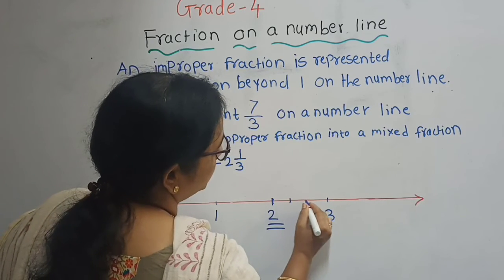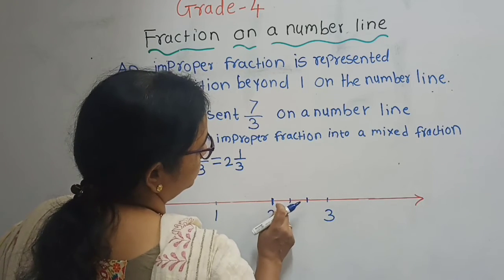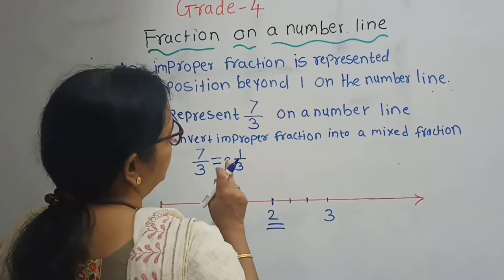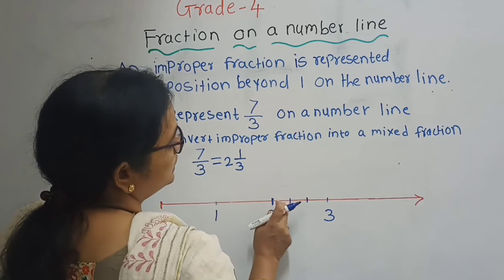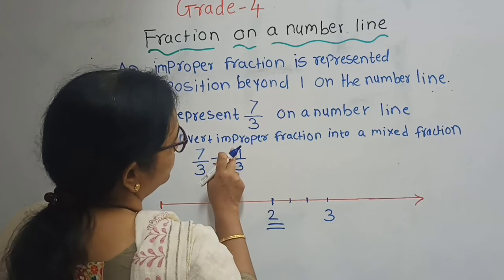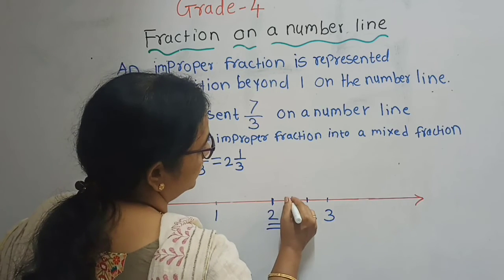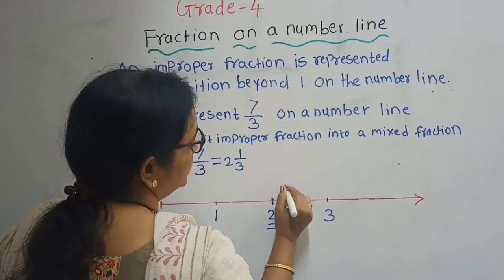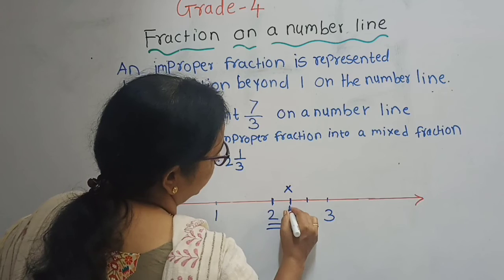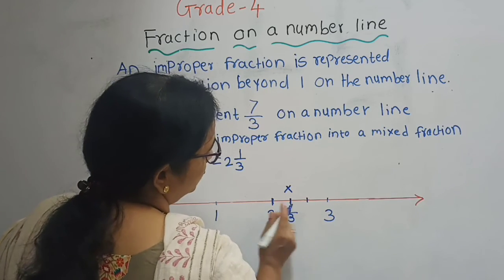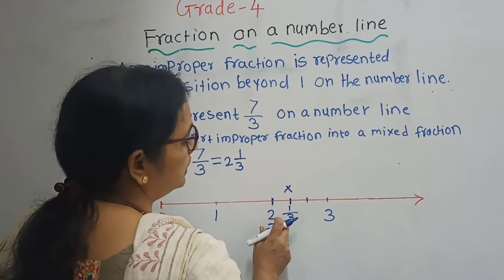So 1, 2 and 3. Now after 2, these are 3 parts. The numerator is 1, so go to 1 part. Yes, you have reached here, cross here, and then write this fraction here. So 2 whole and 1/3 fraction.